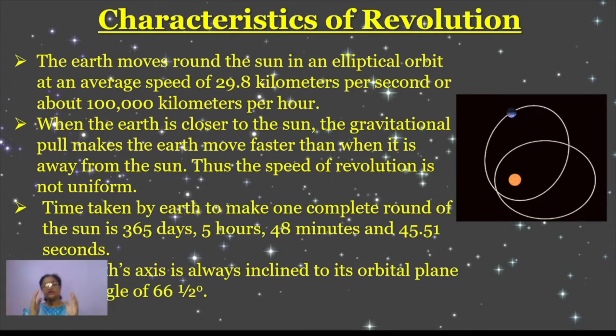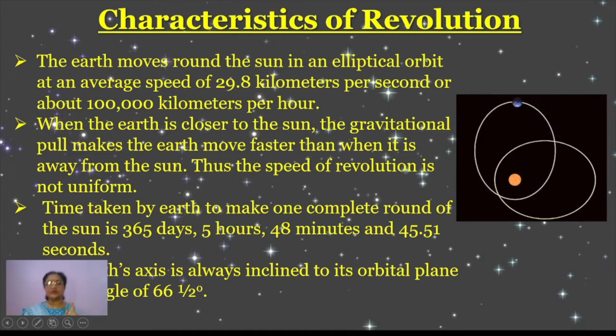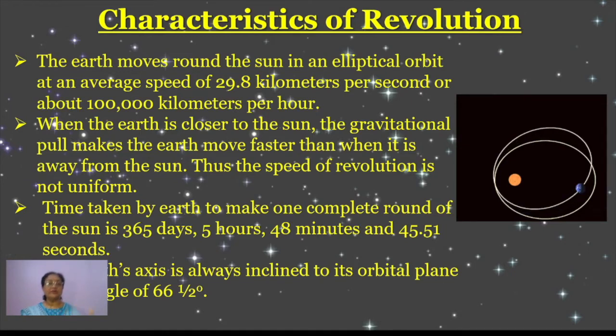Now, what are the main features or the characteristics of this movement? Number one, the earth moves around the sun in an elliptical orbit, right? And its average speed is 29.8 kilometers per second, or about 1 lakh kilometers per hour. This is the average speed of earth. Okay, why is it said average speed?